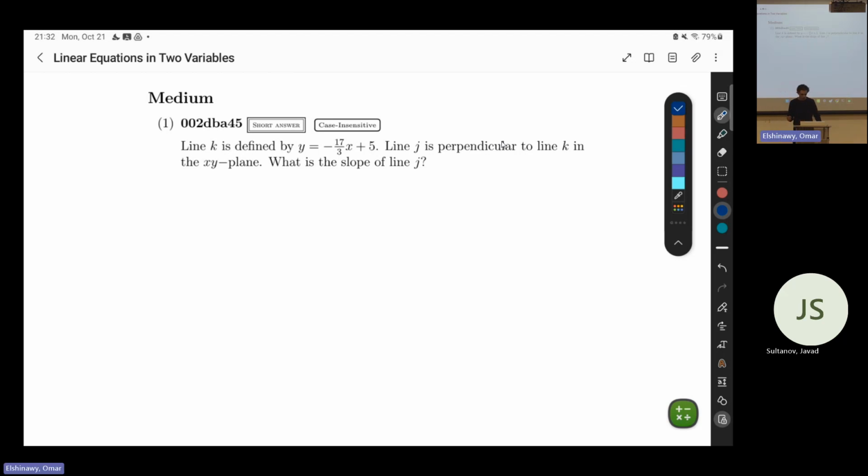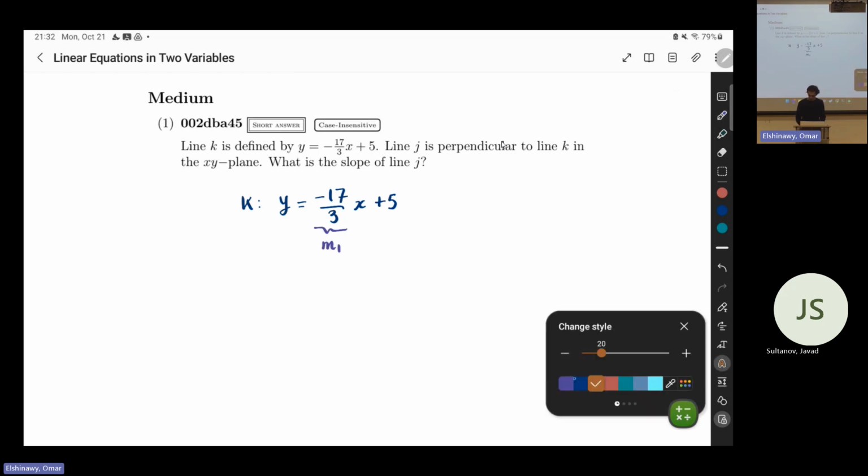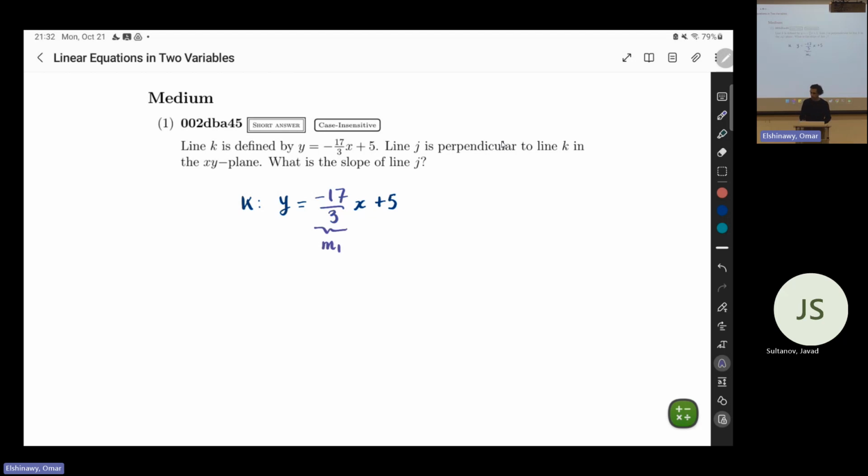So you have line K, which has a slope, exactly, -17 over 3x plus 5, and you would like to call this first slope M1. I don't think that if I call the slope M, this would be too alien to you because we've used the same notation last time. So that's okay. Now, if you talk about the line J, which is perpendicular, like Isiosius is pointing out to us, it has some equation.